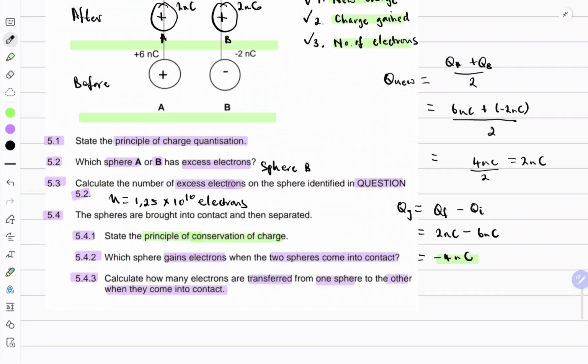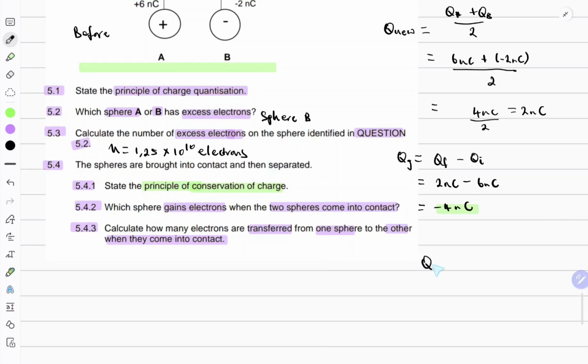So we can say Q gained is equal to N multiplied by the charge of an electron, Q_e, and the Q gained is negative 4 nano, times 10 to the power of negative 9 coulomb, is equal to N times the charge of an electron, which is 1,6 times 10 to the power of negative 19.